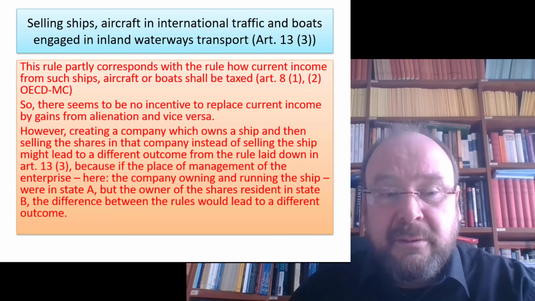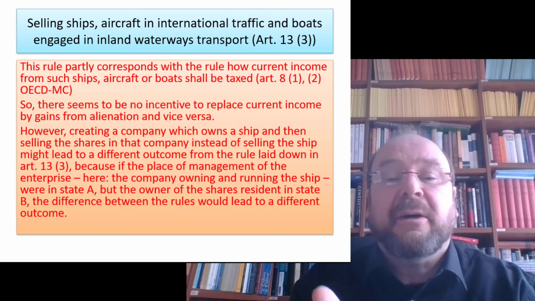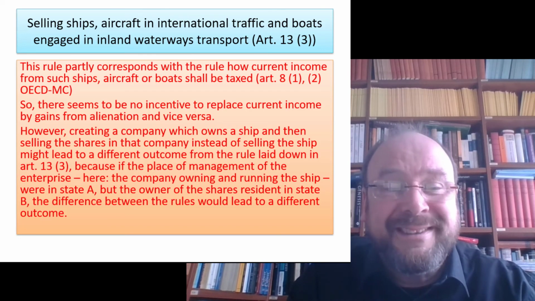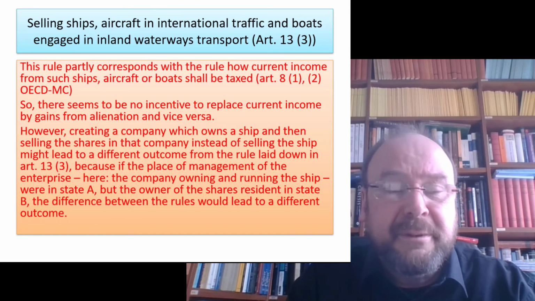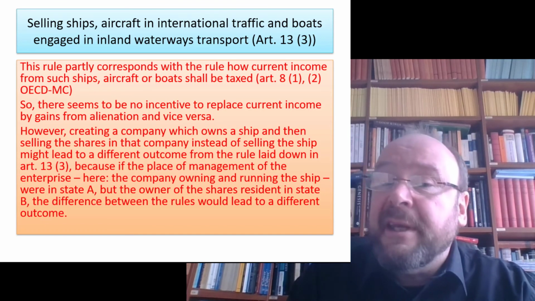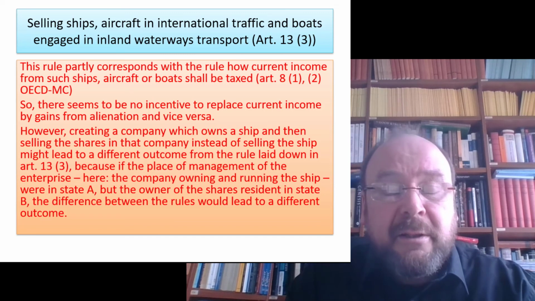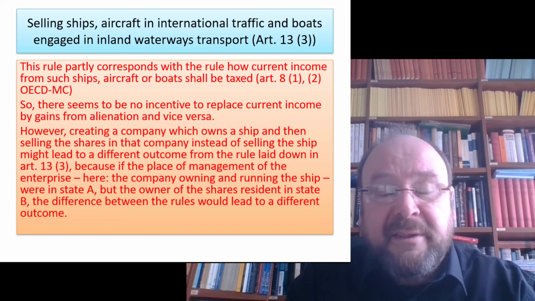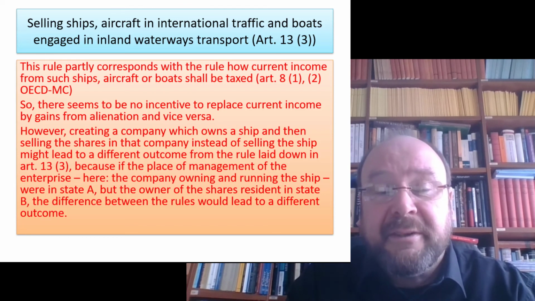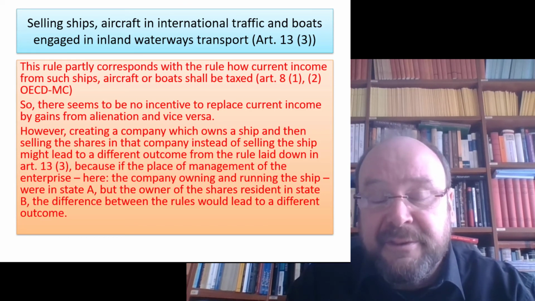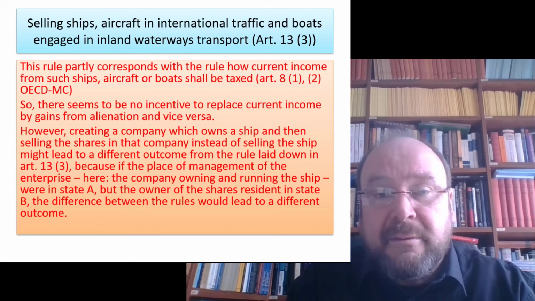This rule corresponds with the rule how current income from such activities is taxed. Well, the comparable rule is to be found in Article 8.1 and 2 of the OECD Model Convention, and so there seems to be no big incentive to replace current income by gains from alienation and vice versa, at first glance at least.